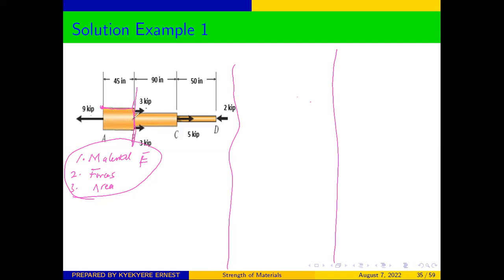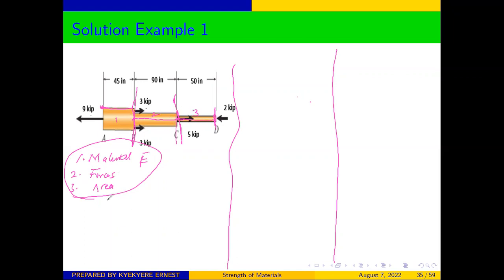Once we move from there, the diameter is uniform until this section where we encounter a different diameter, so we also divide at section C. From section C, there's no change in diameter and we don't encounter any force until the end, so this is another section. So you have sections 1, 2, and 3.